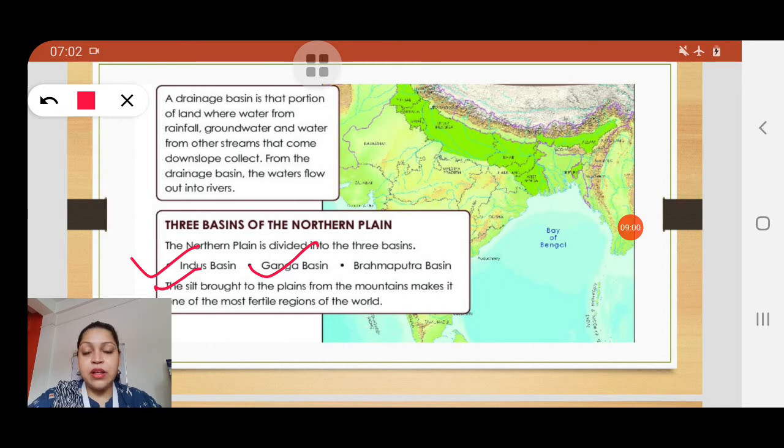The silt is then put on the banks of the river, and when river water again becomes dry, what is left behind is silt, and this is very good for cultivation. It's very fertile.